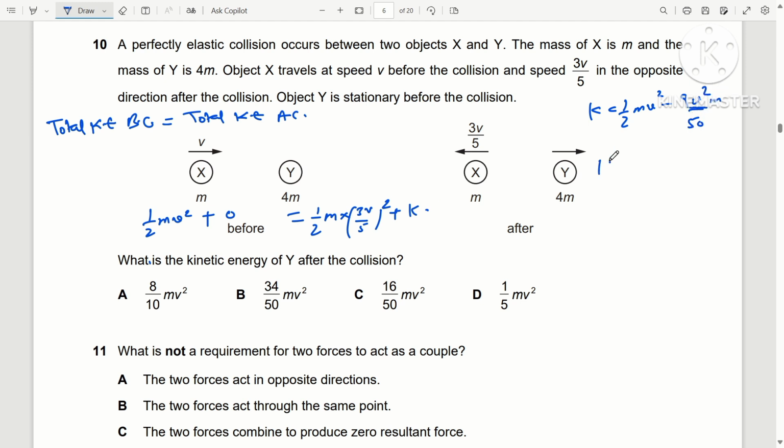On solving you will get k equal to 16 by 50 mv square. You can take LCM: 25 mv square minus 9 mv square, that is 16 mv square divided by 50. So option C is correct.